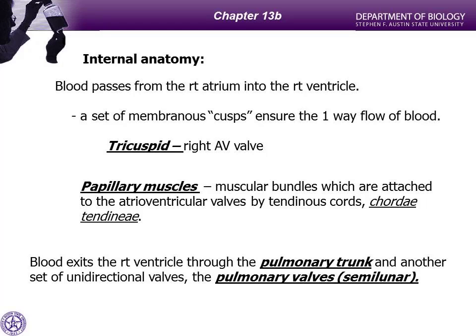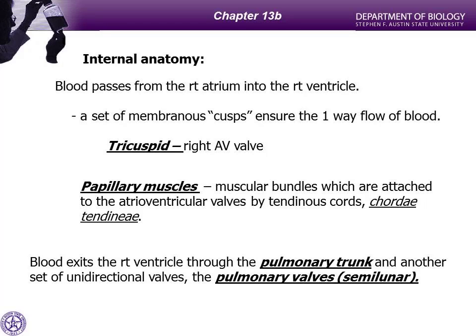it makes a sound. And that's what doctors are listening for with the stethoscope, the closing of the cusps. And so you have the lub-dub that they refer to it, the heartbeat. Well, the lub and the dub are made because of each set of valves.